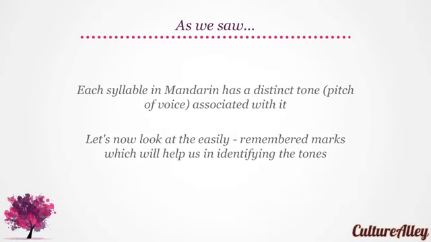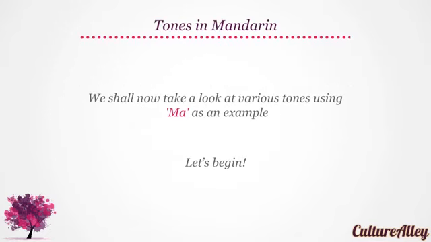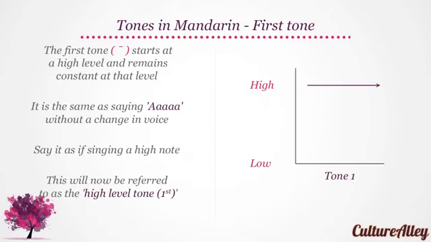As we saw, each syllable in Mandarin has a distinct tone or pitch of voice associated with it. There are 4 easy-to-remember marks which will help us in identifying tones. Let's take a look at each of them. We shall learn various tones using ma as an example. So let's begin.